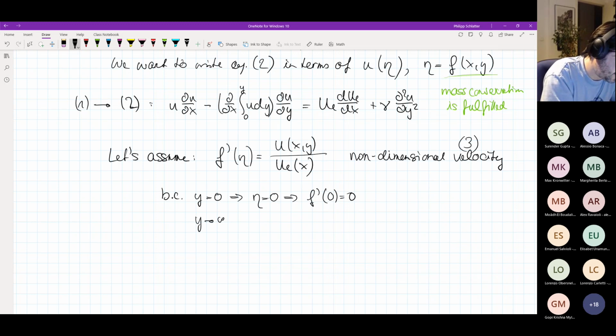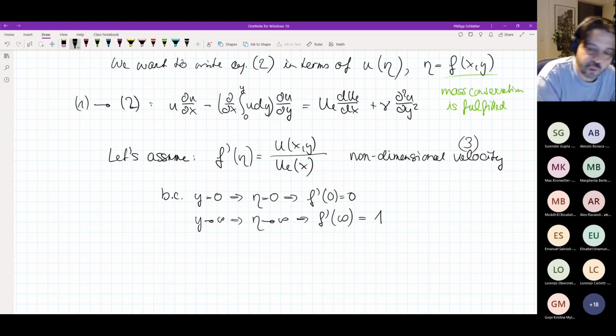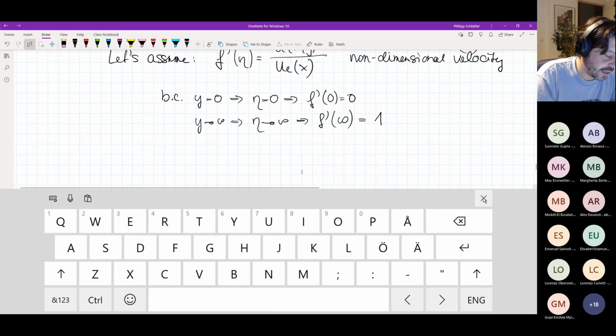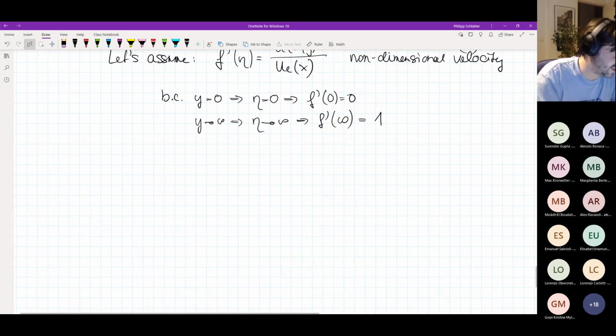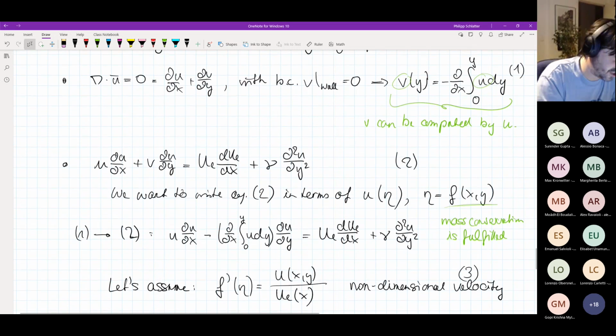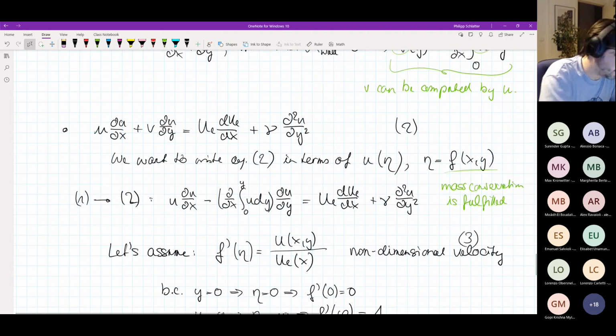At y going to infinity, I also assume that my eta, my non-dimensional coordinate, goes to infinity, and there the beautiful thing is that f prime of infinity would simply become 1. So now I have transformed also my boundary conditions into this non-dimensional form of f. What now remains to be done is to go through all the derivatives that I have in my equation number 2.